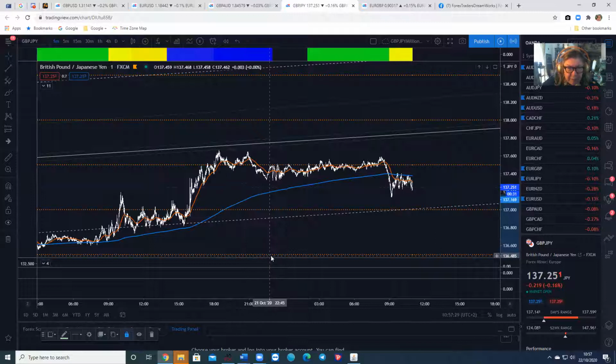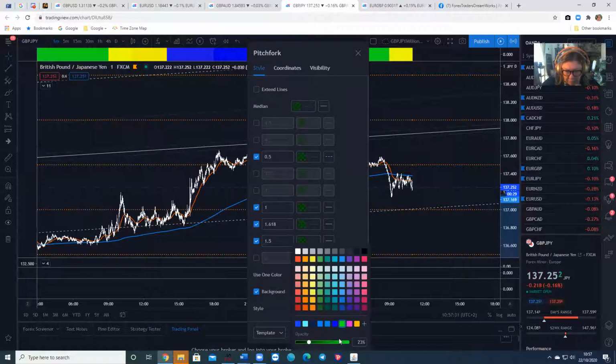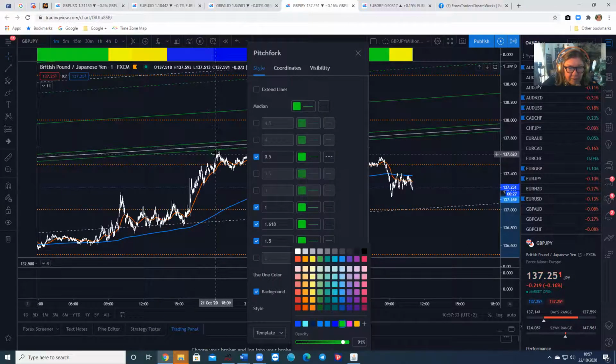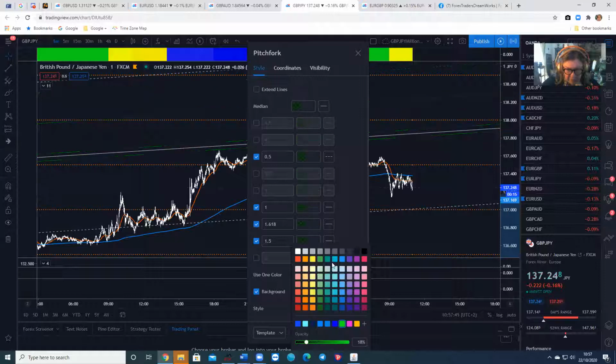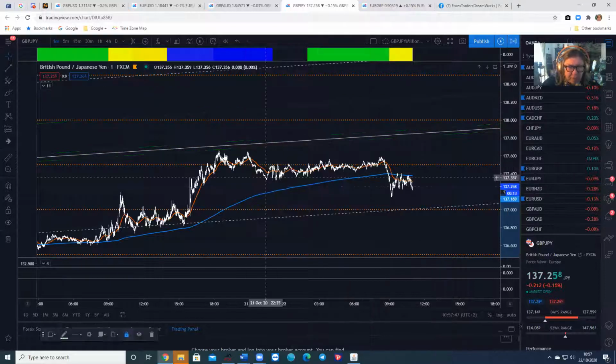That's what I love about this. It's such a precise strategy. Can you see there? It's just touched that absolutely perfectly. An old extension, those 2 green lines over that upper scan. So it's respected that beautifully and rejected off it there at the 4.9 pips off the median. So that held it there, and now it's coming down.